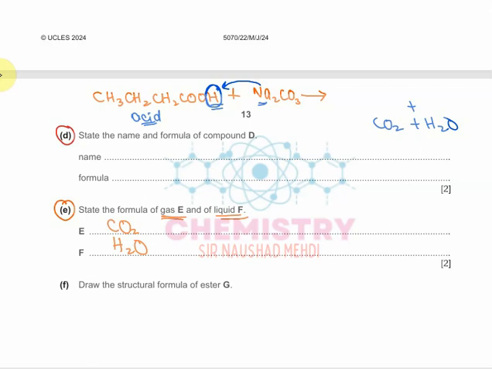But it's not very simple. You have to first check the valency of sodium from the periodic table. From this carboxylic acid, this group will be formed: CH3, CH2, CH2, COO, right?